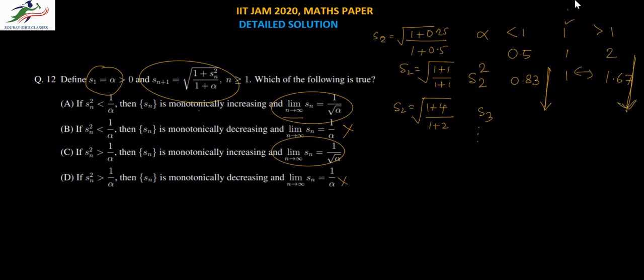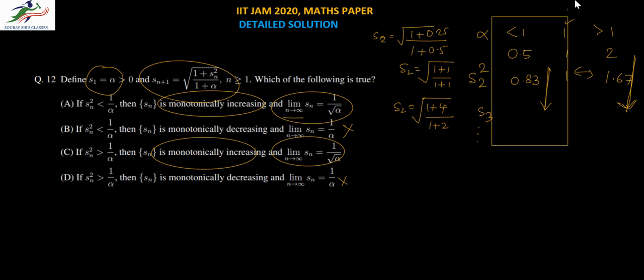So in option A and C, we can see both are monotonically increasing functions. So we have to take this particular case where alpha is less than 1. So when alpha is less than 1, 1 over alpha is greater than 1. And in this case, we have taken the value of 0.5.